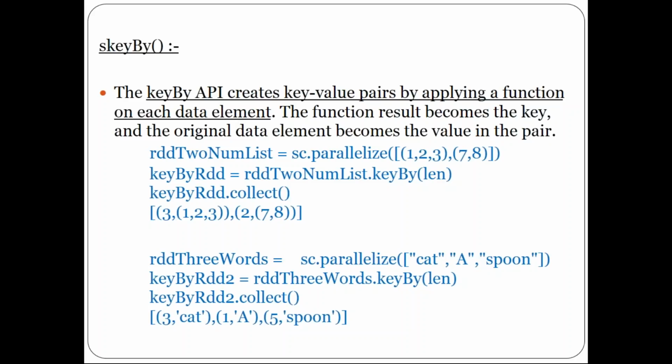Now 1, 2, 3. The length of this is 3, which is the key. 1, 2, 3 becomes the value. 7, 8: you have two numbers in that, so the length will be the key, and that will be the value. Let me show that.